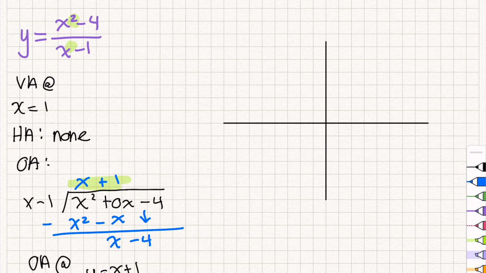We know that's a diagonal line with an intercept at 1 and a slope of 1. So there is my oblique asymptote.